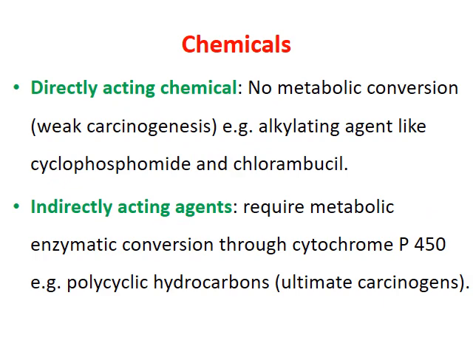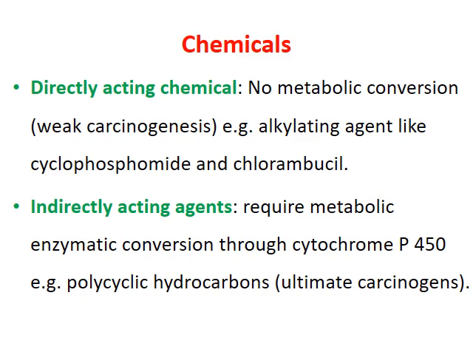The chemicals are divided into two types according to their ability to produce cancer. So these types are directly acting chemicals and indirect acting chemicals. Directly means that they don't need metabolic or enzymatic conversion. So there will be direct action to produce cancer.